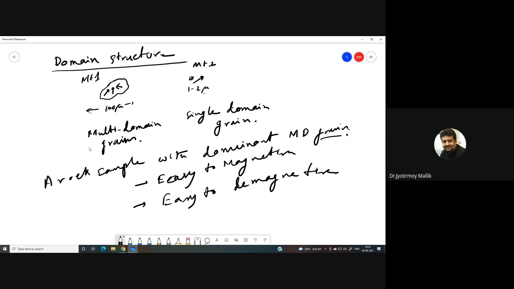On the other hand, for single domain grains, it is very difficult to do the same thing. It is very difficult to magnetize and also very difficult to demagnetize. Now, there is something in between, what we call pseudo single domain.